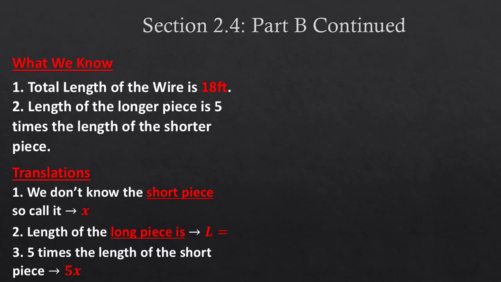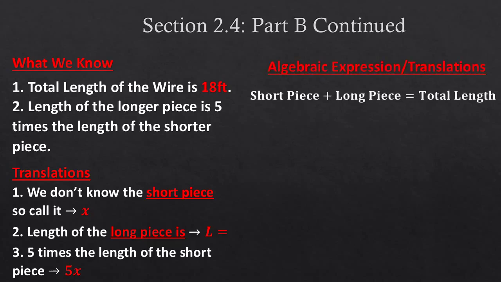So here's a recap of what we know, and here's a recap of what we just translated. So what would be our equation here? Well, there's no already pre-established formula, but we can make up one. We have a short piece and a long piece, and we know it has to equal the total length of the wire. So a quick formula you could have here is short piece plus long piece equals total length.